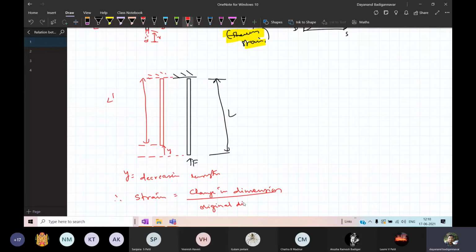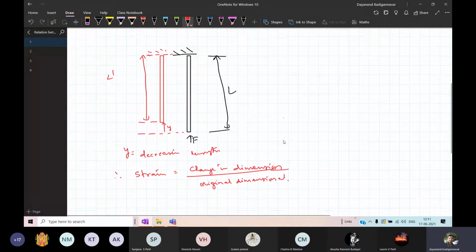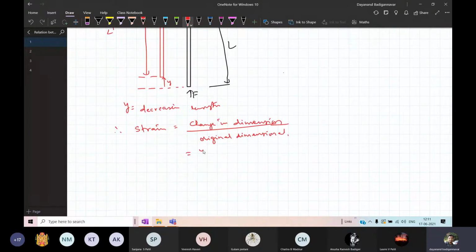What is the change in dimension? The change in dimension is Y. And what is the original dimension? It is capital L. But here the length is decreased. Therefore, it is called the compressive strain.